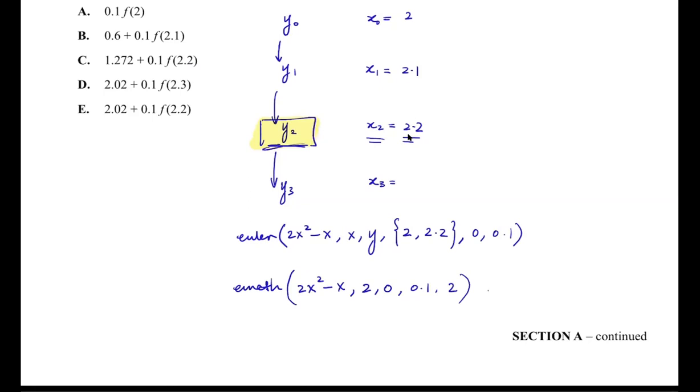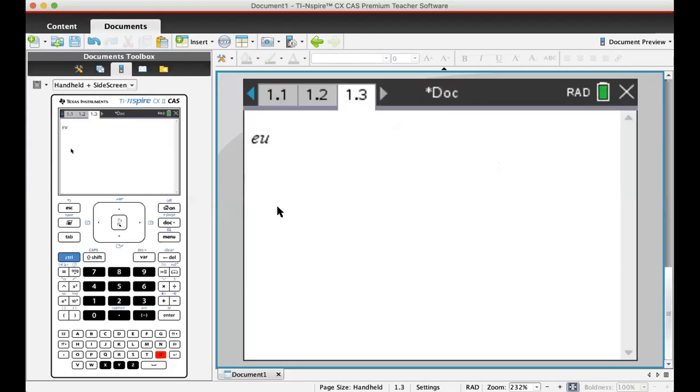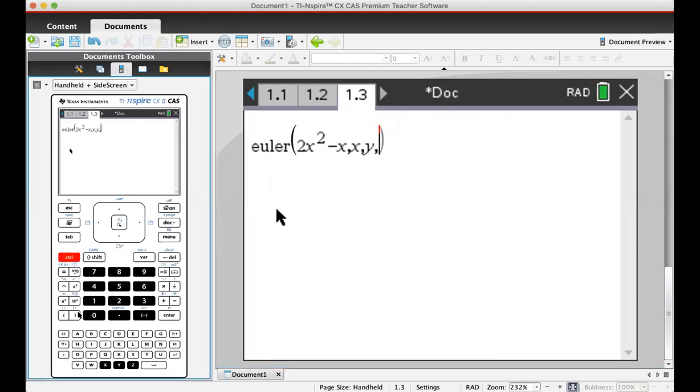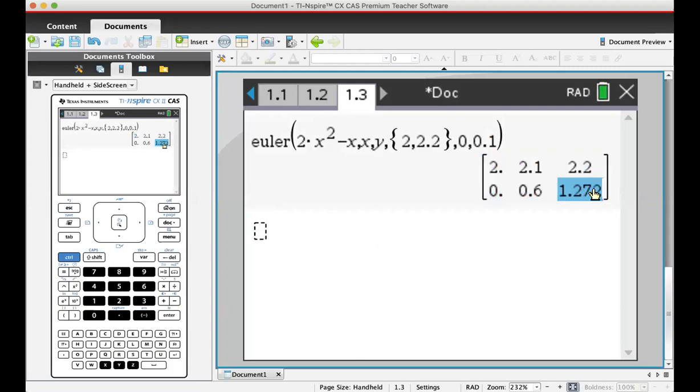So let's have a look with my CAS calculator. There we go. Looks like 1.272 is my value for y2.